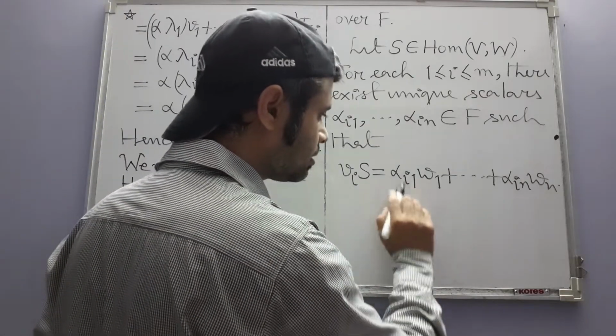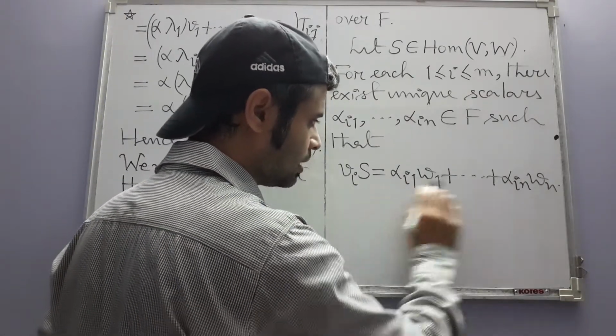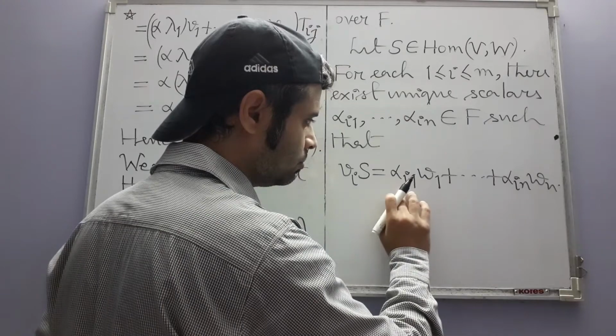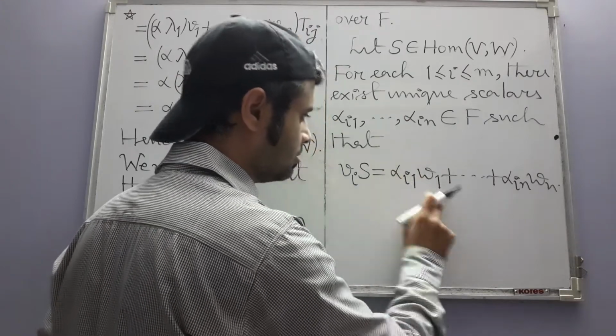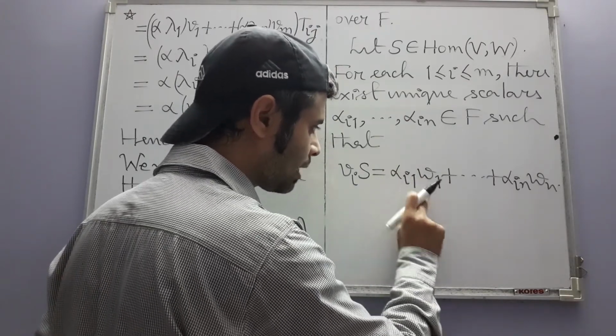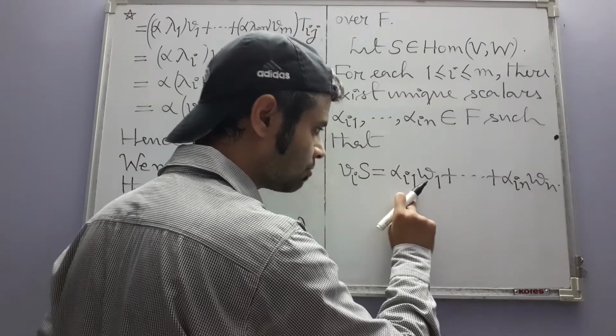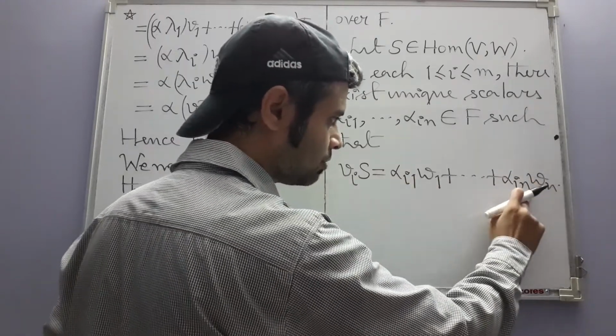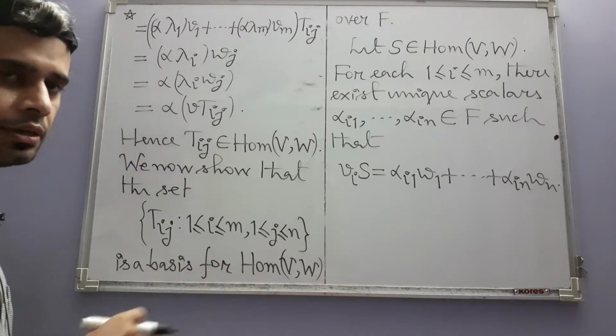And the second index, of course, keeps track of whose coefficient this thing is. This alpha i1 is the coefficient of W1, so we have 1 here. For n we have n here. For j we have j there.